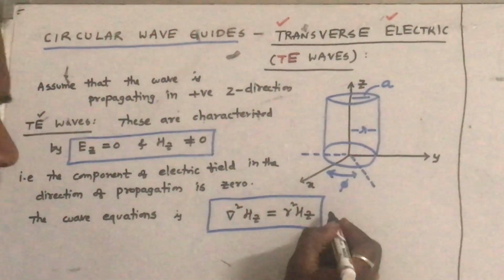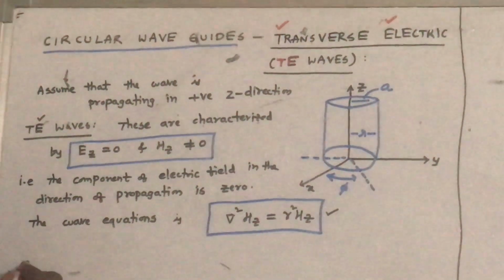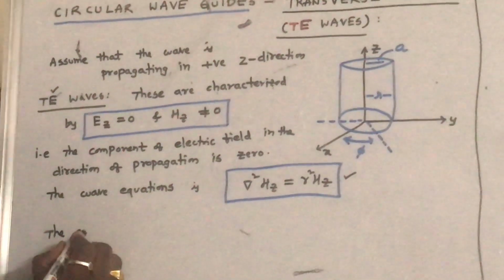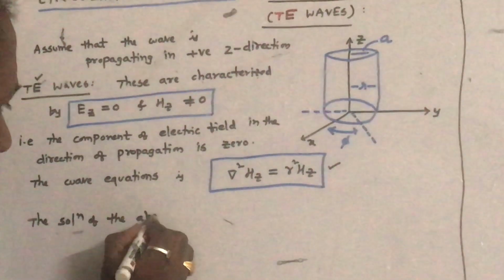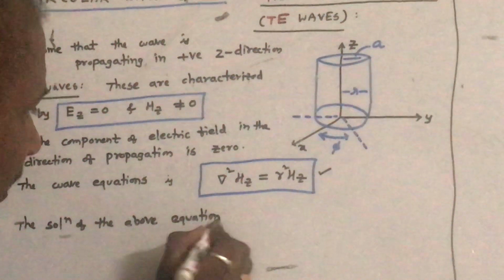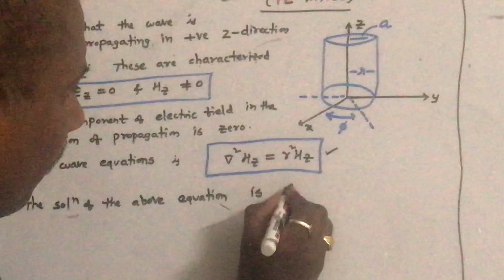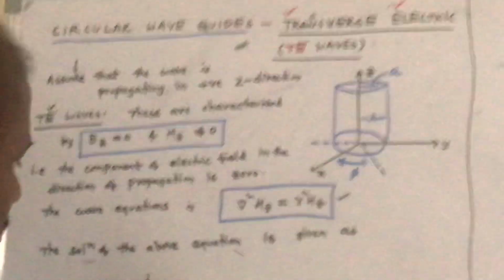So we have derived in the previous lecture the solution of this equation, the Helmholtz equation. So therefore the solution of the above equation is given as, what is the generalized solution?